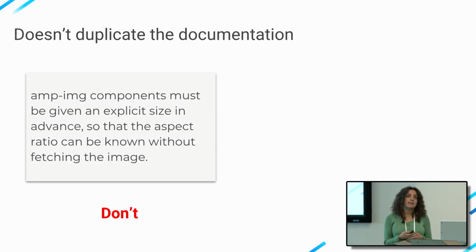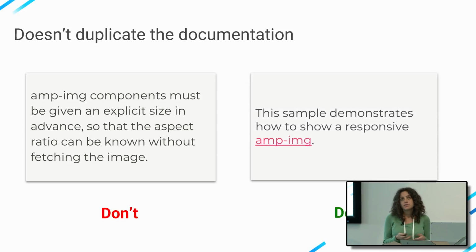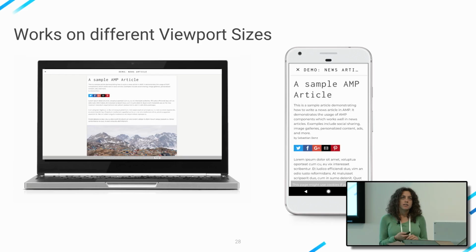So here I have a sample of a documentation for the AMP image sample, in which we are spending time talking about how an AMP image should always have an explicit size and so on. And the sample is really not the best place for doing this. So the simplest way would be just to add a link to the official AMP project documentation website for the AMP image.